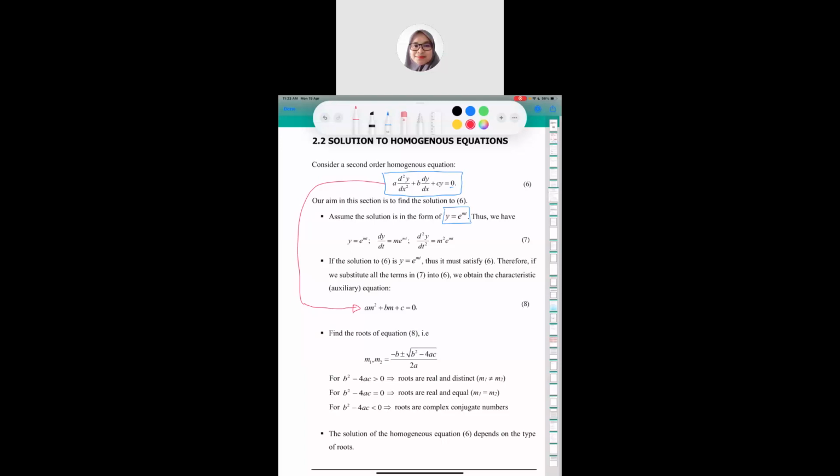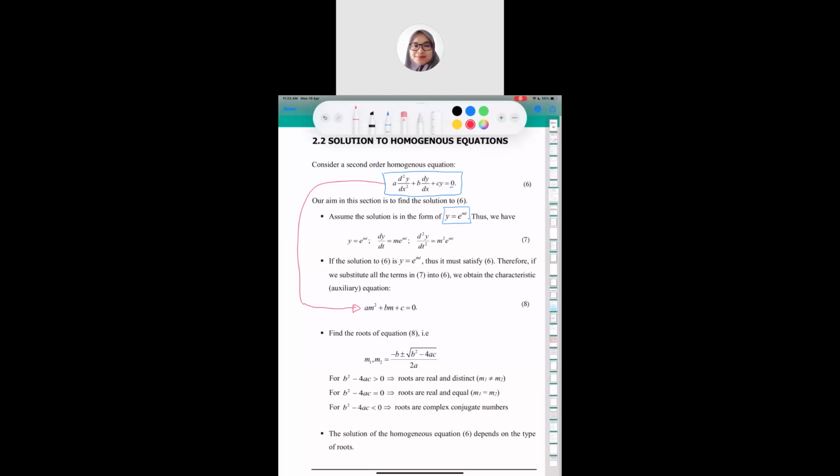Nak dapatkan roots, terpulang kat you nak guna cara apa. Nak guna calculator boleh, nak guna manual boleh, nak guna formula pun boleh. Cuma you kena tahu kita mesti ada dua root untuk quadratic. Bila kita ada dua roots, kebarangkalian bentuk roots kita ni ada tiga.